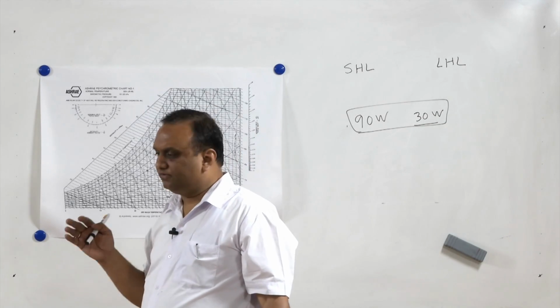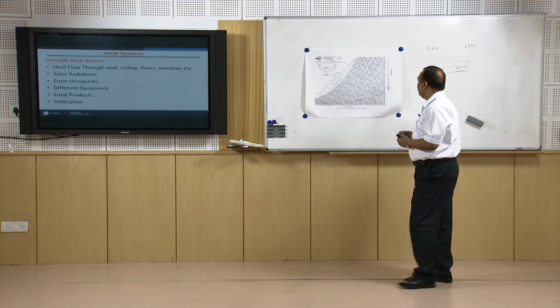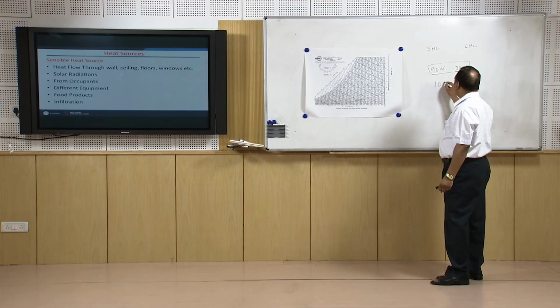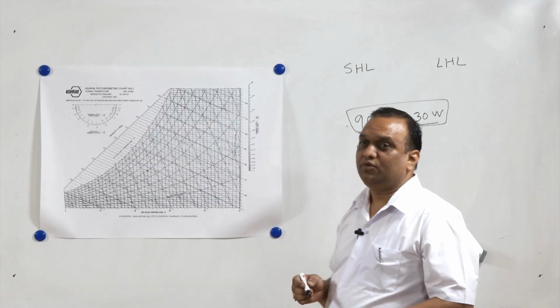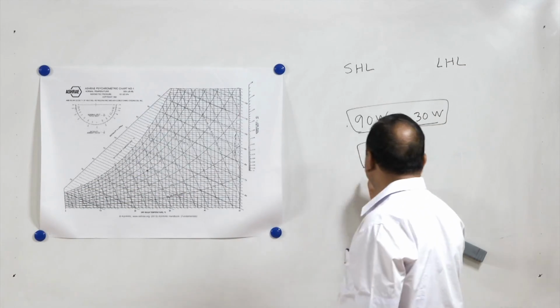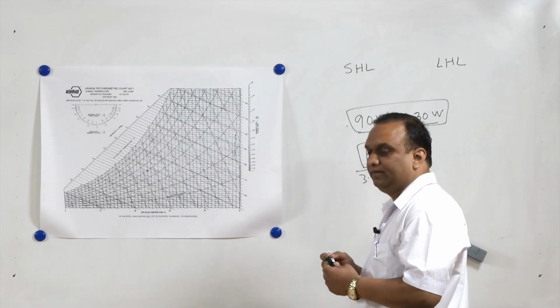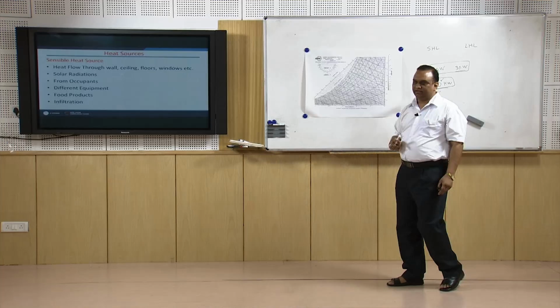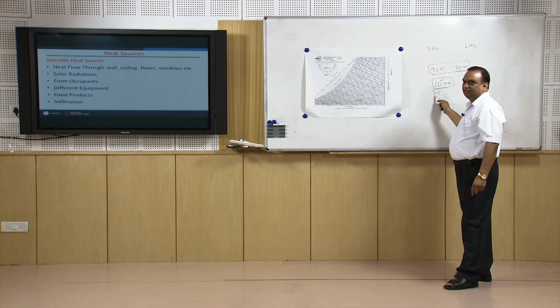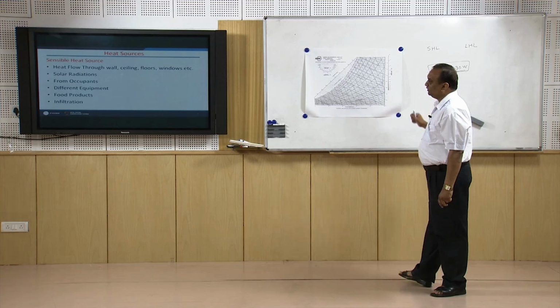So, if this room is occupied by 100 persons, together they will be adding 10 kilowatts of heat, and the cooling load by the occupants itself is going to be about 3 tons, because 10 kilowatts divided by 3.5 is approximately 3 tons of cooling load due to occupants only.